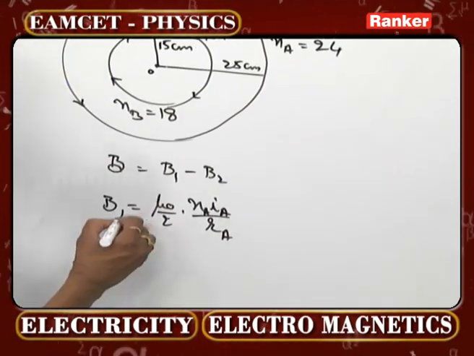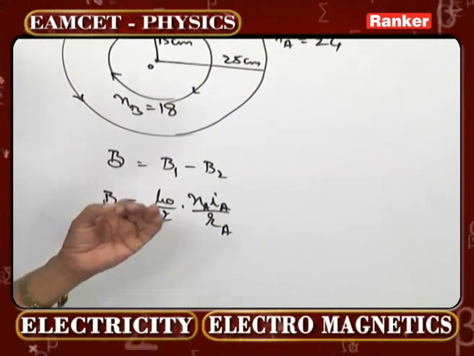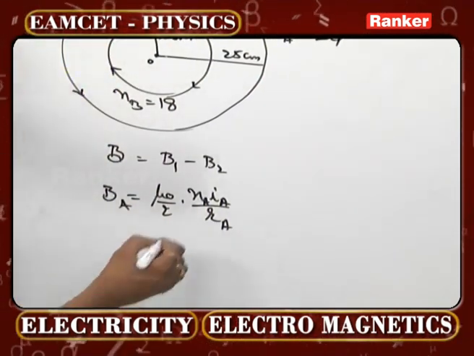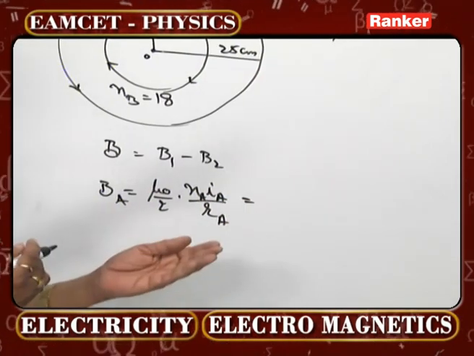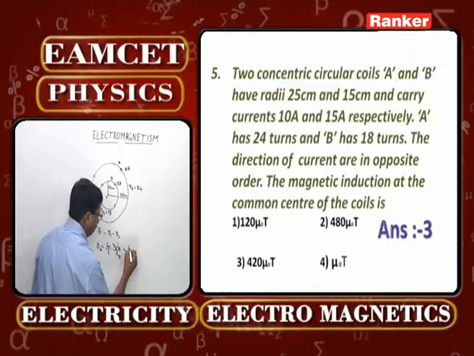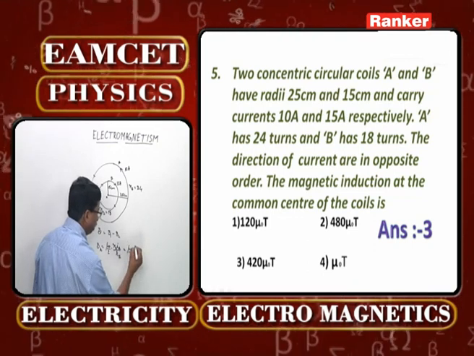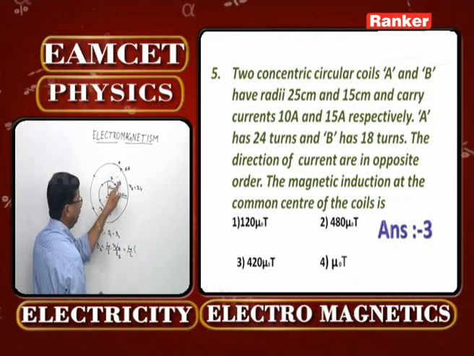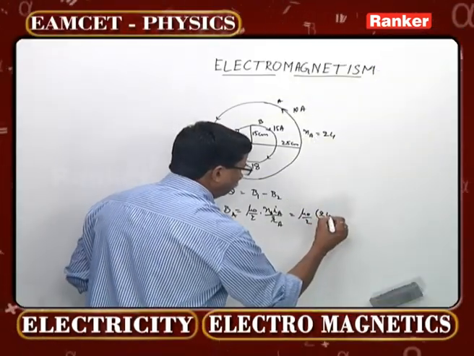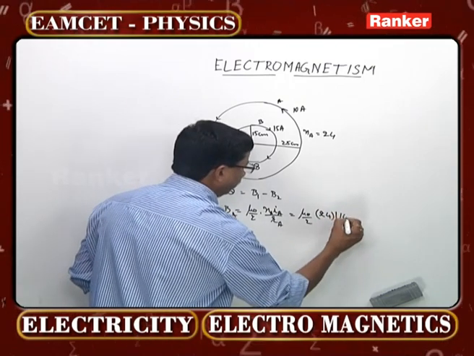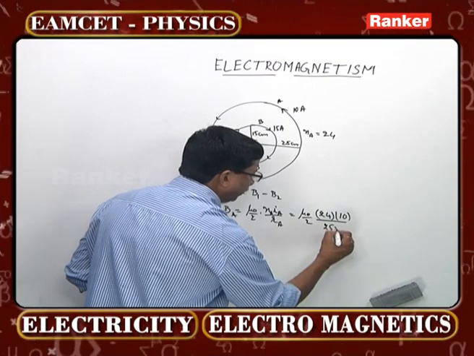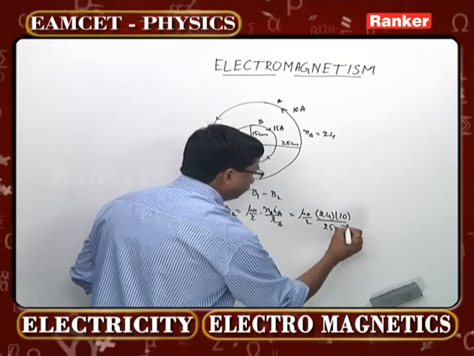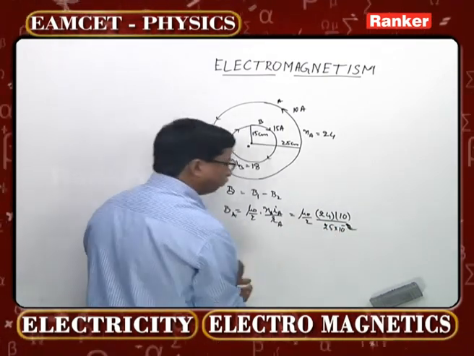You can definitely understand this is what is called B due to the first coil A. So how much can you write over here now? Mu naught by 2, the options are all given in mu naught only, therefore don't change that. Mu naught by 2 into, what is Na here? 24. What is the current over here? 10. What is the radius given? 25 centimeter, 10 power minus 2. You can write directly this way.